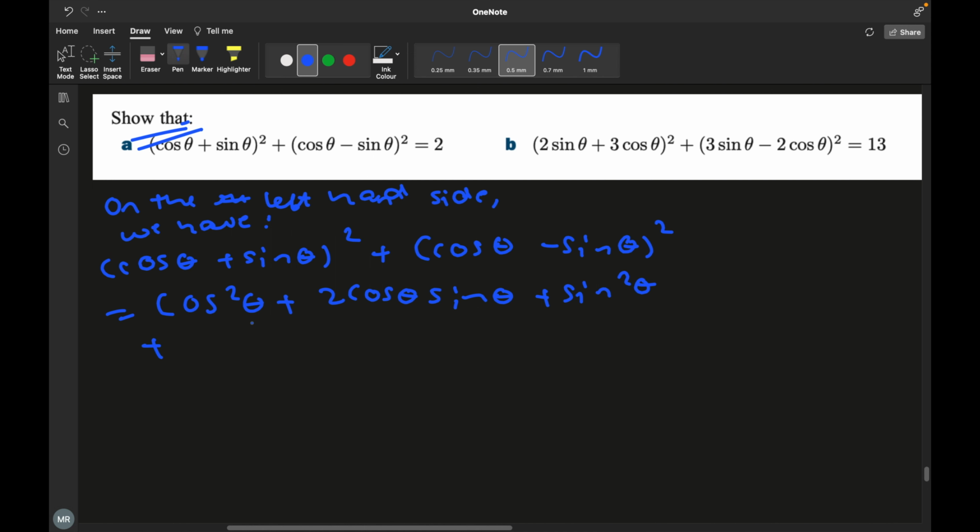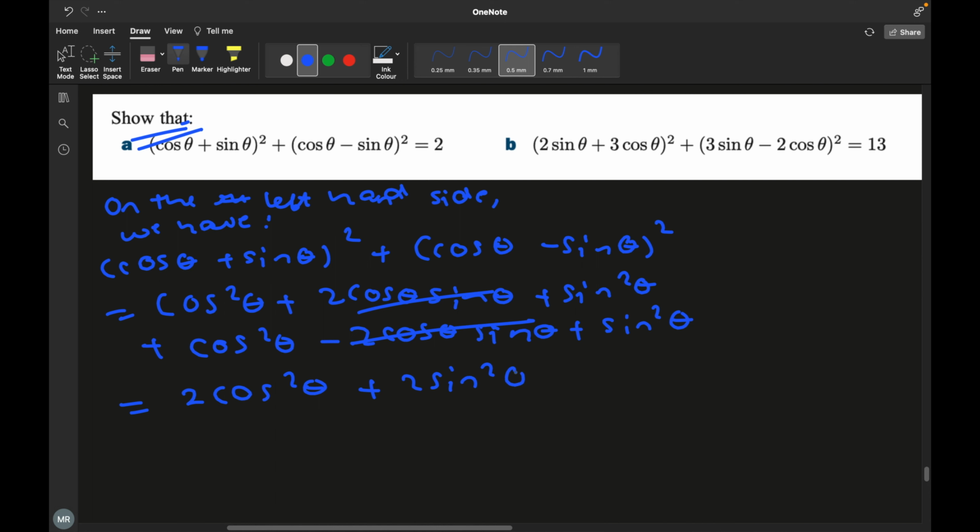And then let's expand this. We get cos squared theta minus 2 cos theta sin theta plus sin squared theta. This and this gets cancelled and we're left with 2 cos squared theta plus 2 sin squared theta.